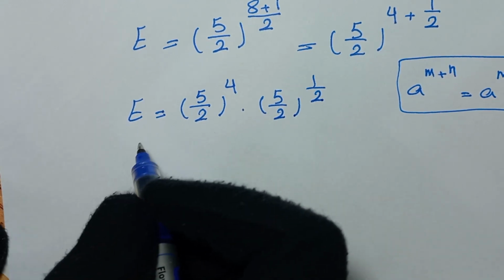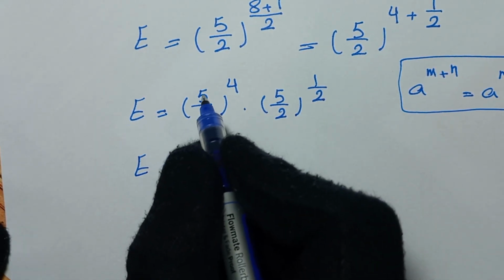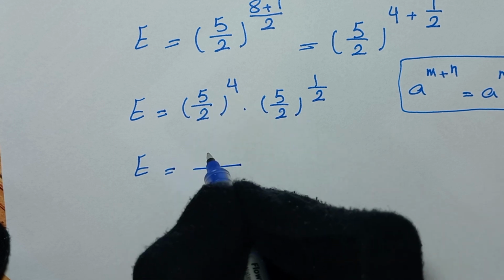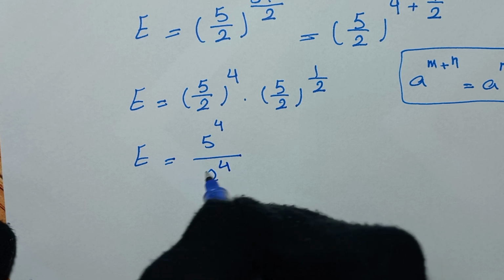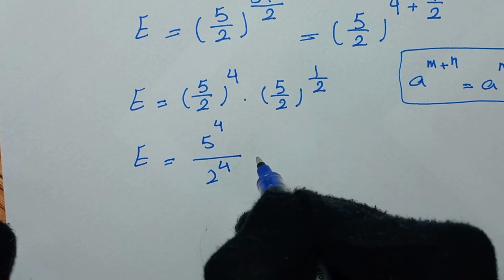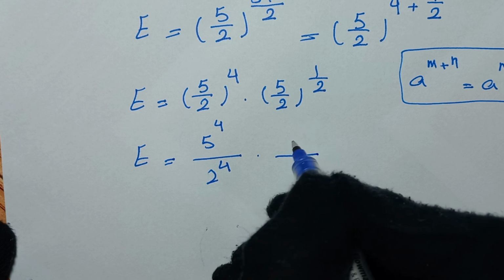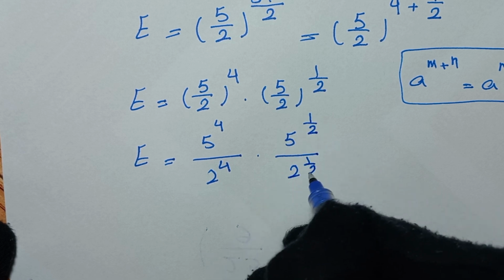So, e is equal to (5/2) to the power of 4, which is 5 to the power of 4 over 2 to the power of 4, right? And (5/2) to the power of 1/2, we can write this times 5 to the power of 1/2 over 2 to the power of 1/2, right?